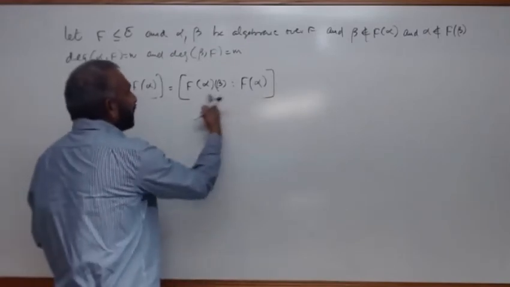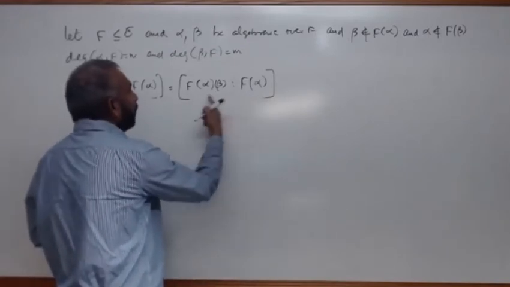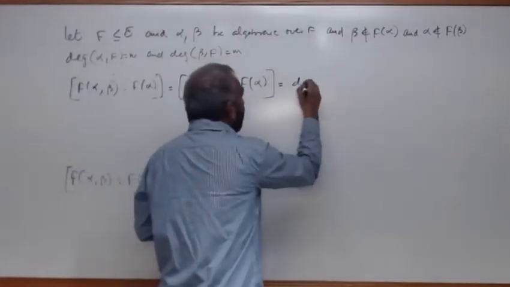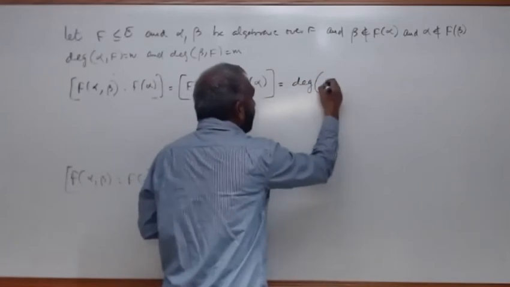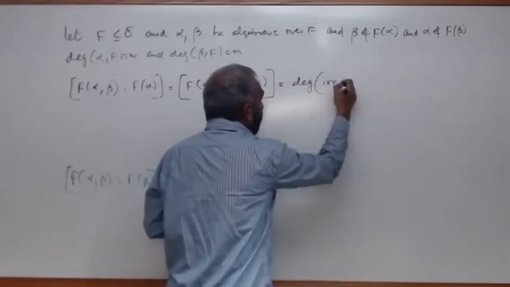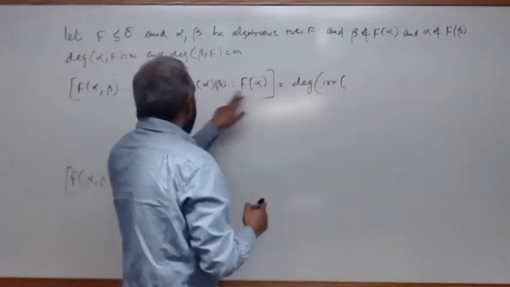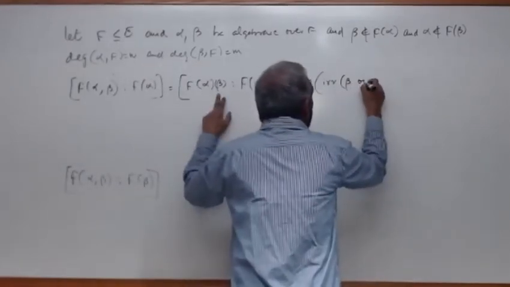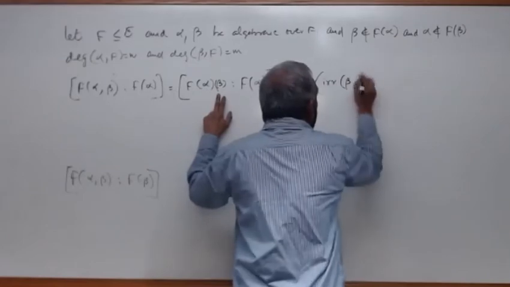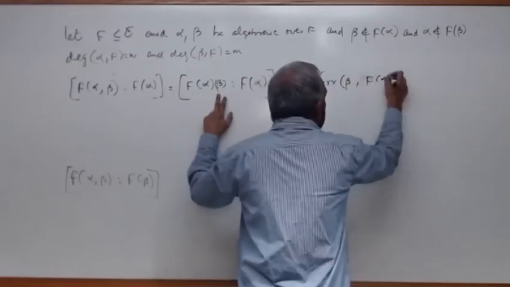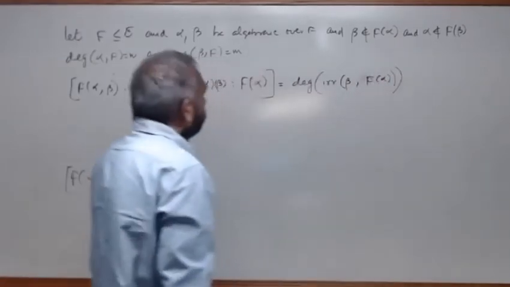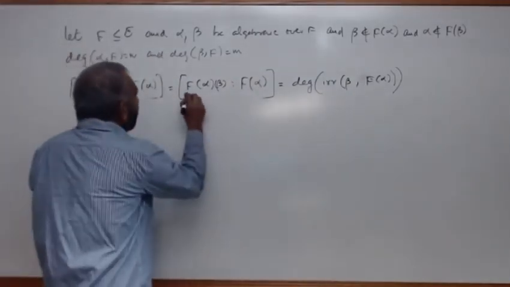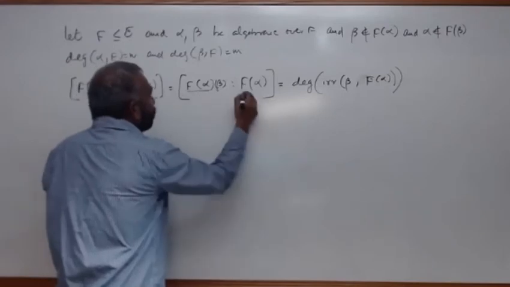So this is actually, this means what? This is actually equal to the degree of the irreducible polynomial of beta over F(alpha). These two are the same.